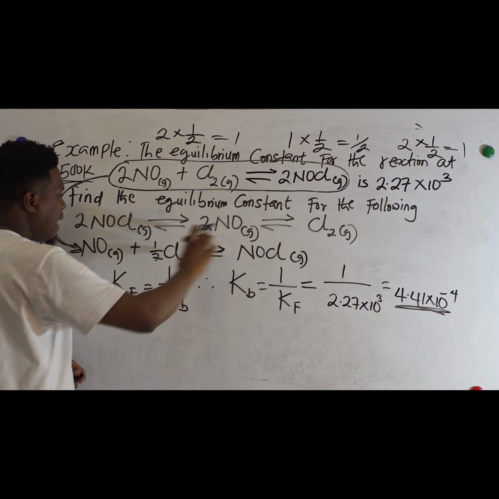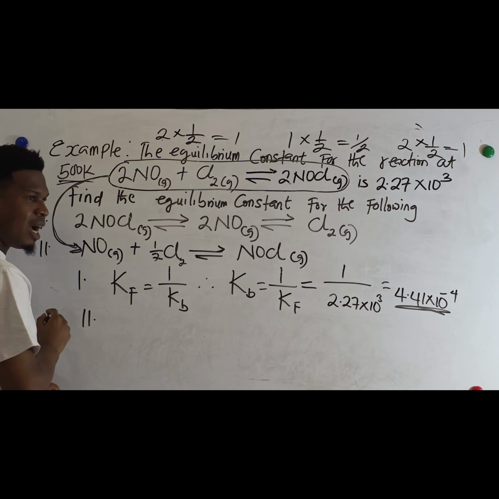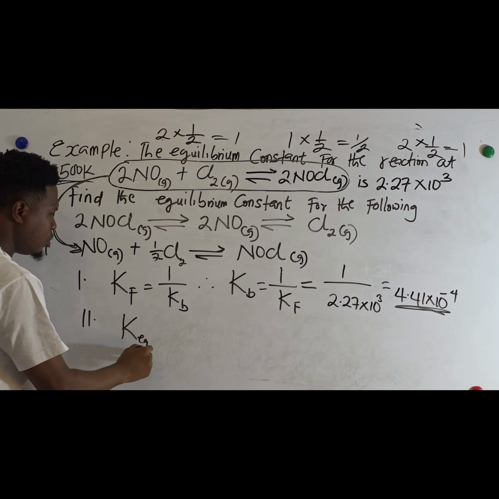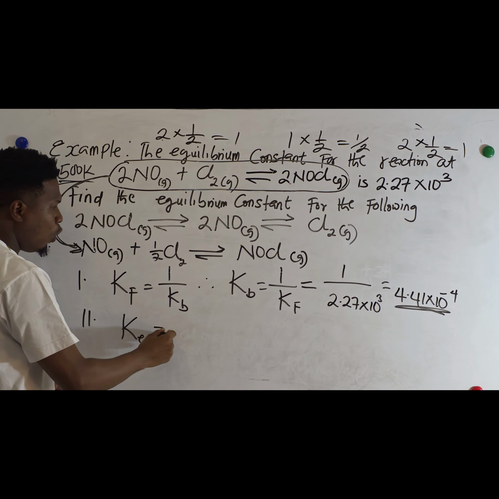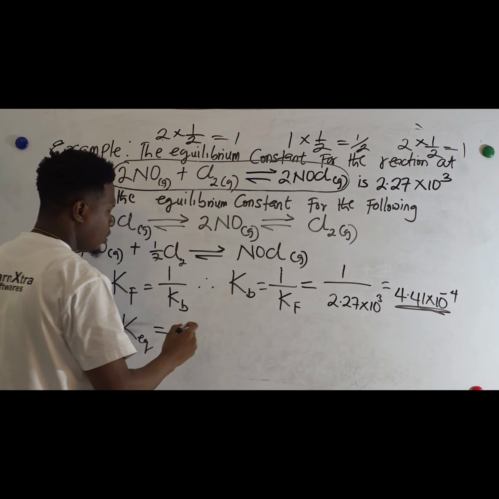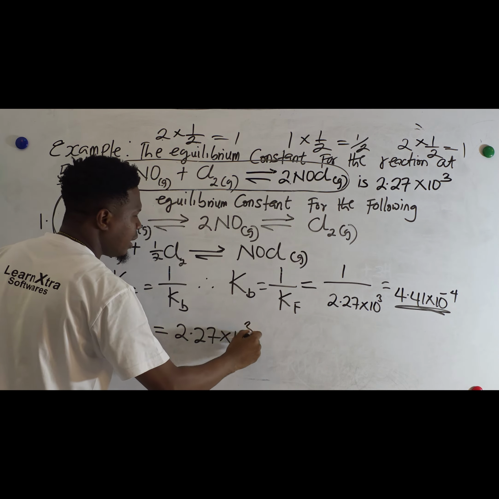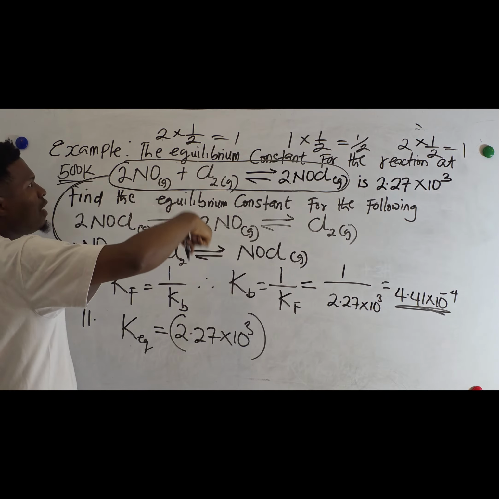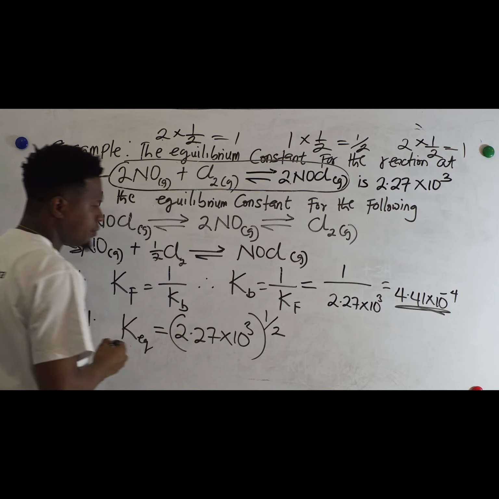So whenever you multiply an equation by half and you want to get the equilibrium constant, how do you go about it? The equilibrium constant for this new one we are trying to find will be the old one, which is 2.27 times 10 to the power of 3, raised to the power of that factor. The factor is the number that you use to multiply everything here, which is half.